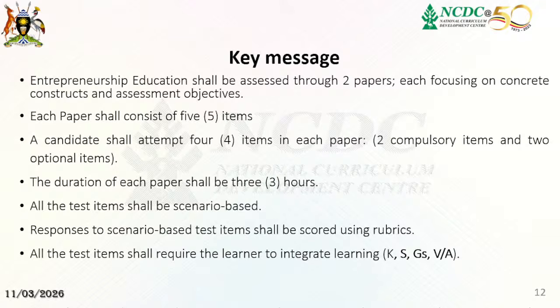What does this mean? We encourage teachers that as you develop sample test items for your learners, integrate a variety of topics within a particular construct such that learners can integrate knowledge from the various competences.